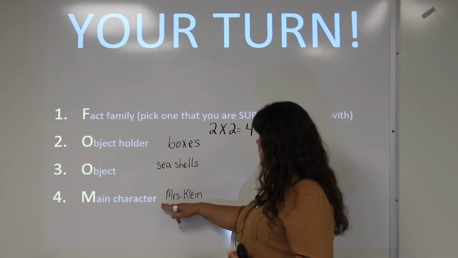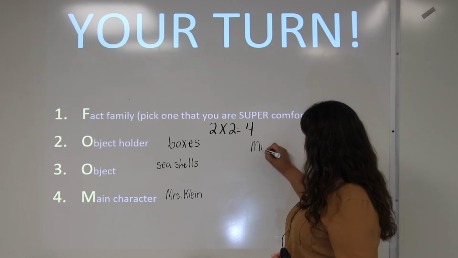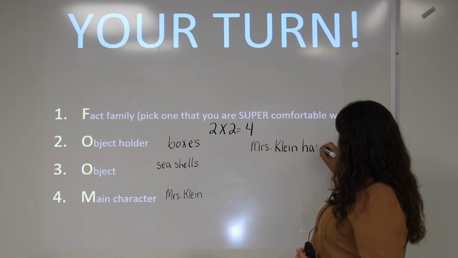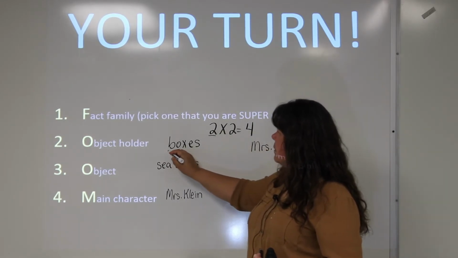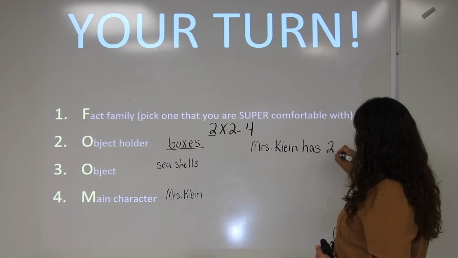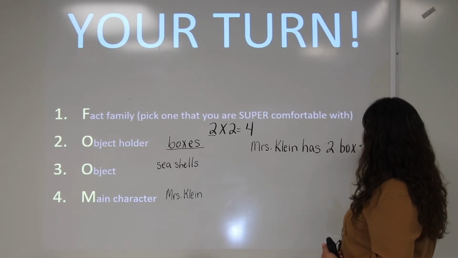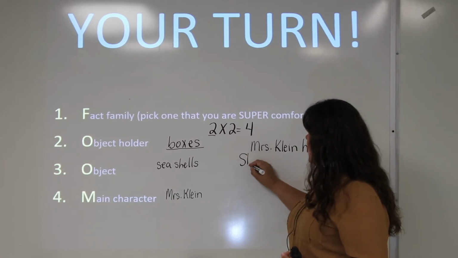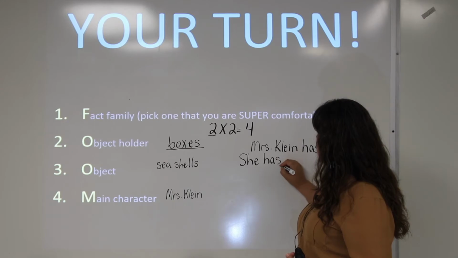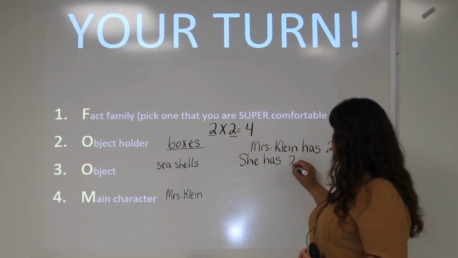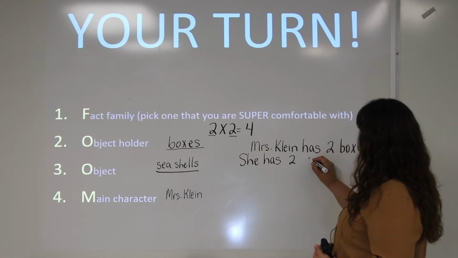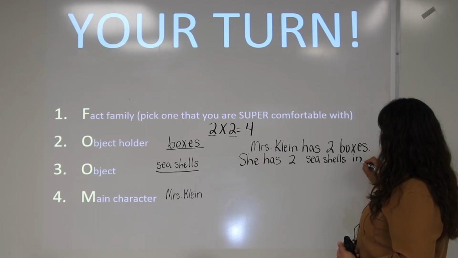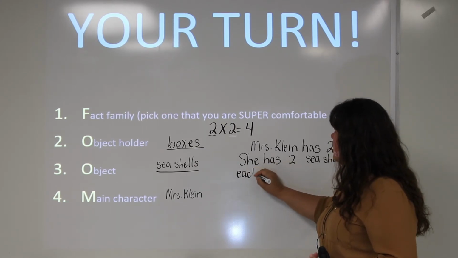When I start writing, I start right here. Mrs. Klein has, I'm going to go to my first number, 2, and my first thing, boxes. 2 boxes. She has, go to my next thing, 2 seashells in, I'm using that word, each box.